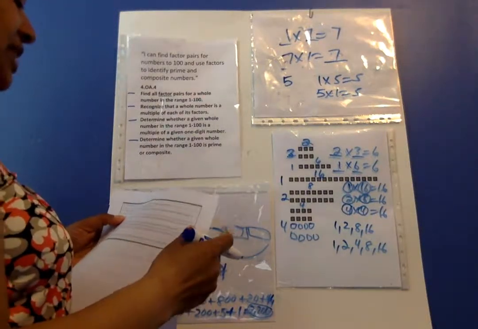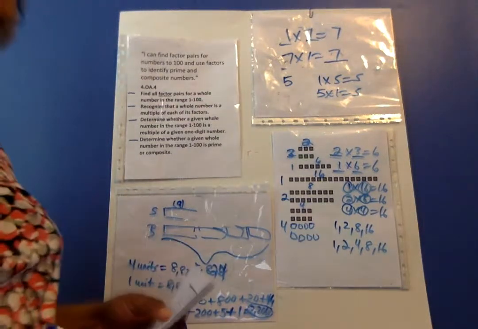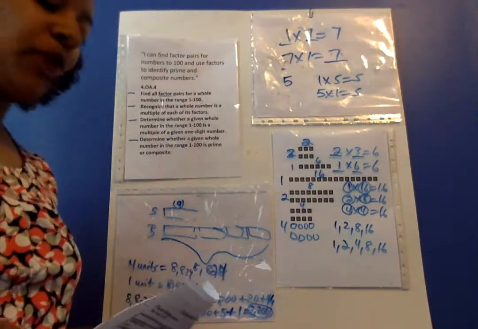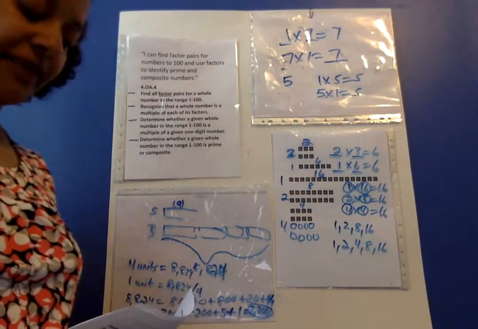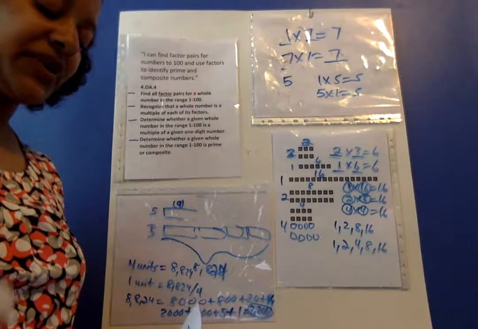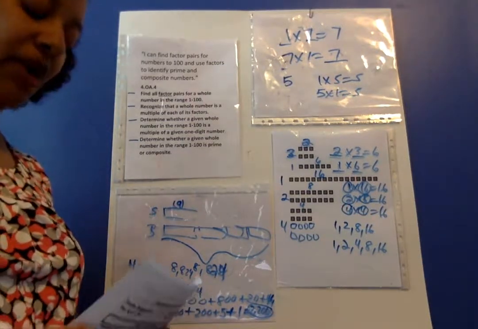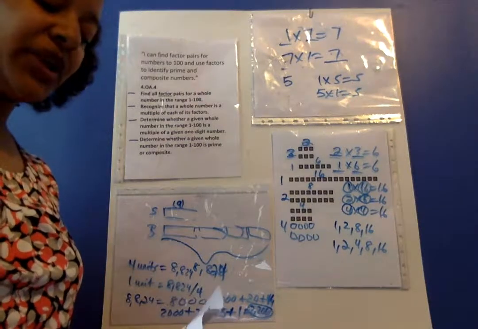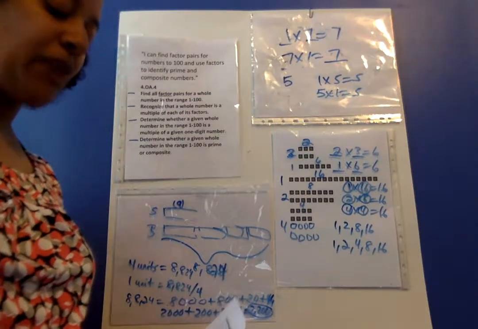There are factor sheets in the middle of your table that I want you to work on with a partner at your table. Students will work with a partner, then by group we will go over some of the problems together. I will use cold calls for some students and have other students repeat the correct way of doing the problem. Students who finish early will draw arrays in their notebooks for each problem.